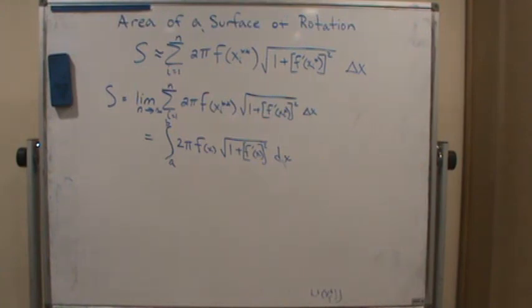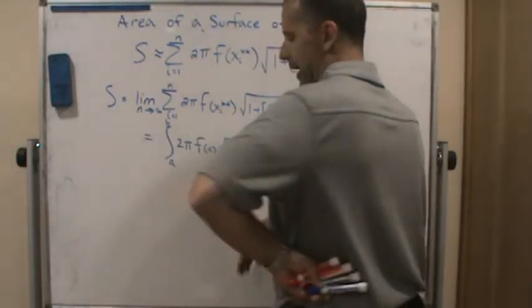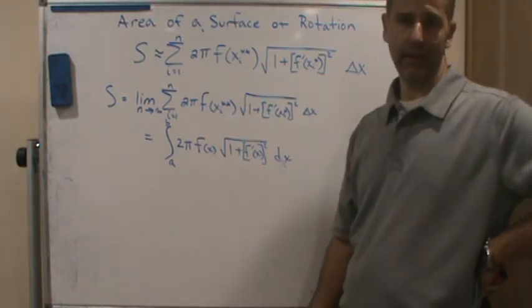Now, as with arc length, we can conduct a similar development for functions of y to get a formula for the surface area of surfaces of rotations about the y-axis. So what I'm going to do is in the next video, we're going to summarize these in a theorem.